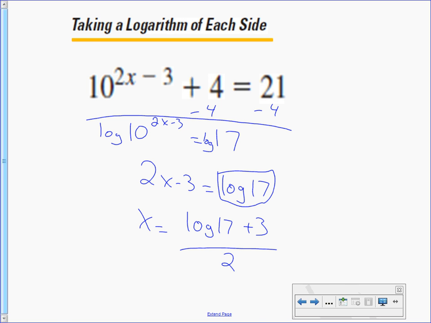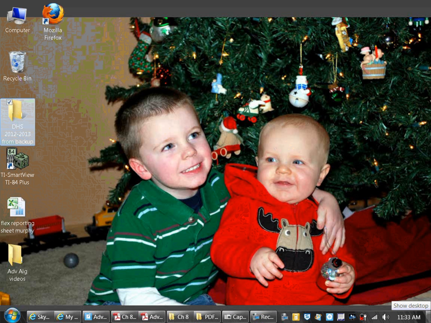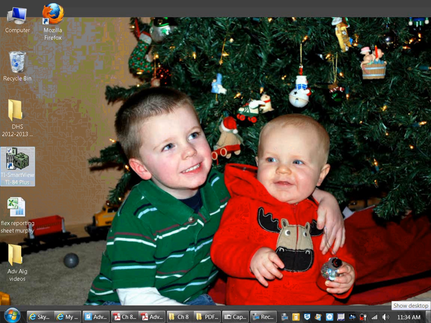Now, in your calculator, you have to be careful how you type that.